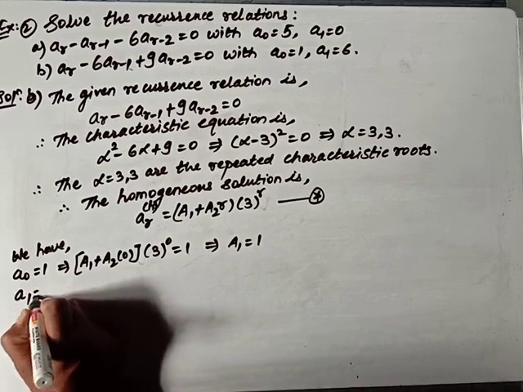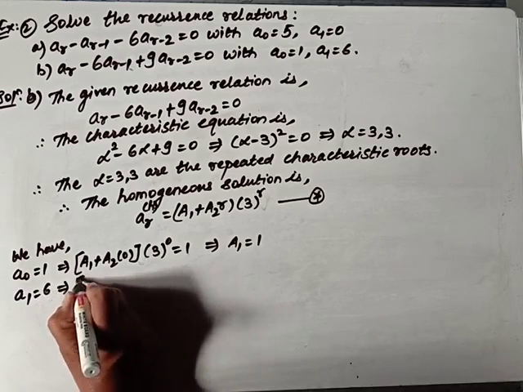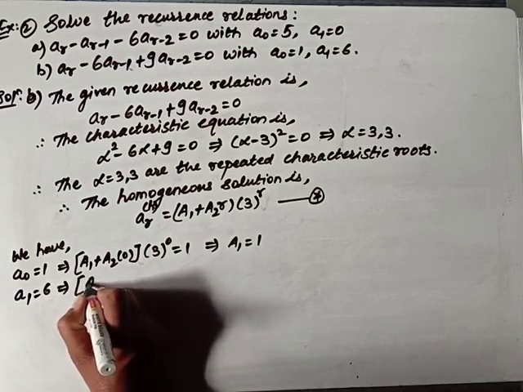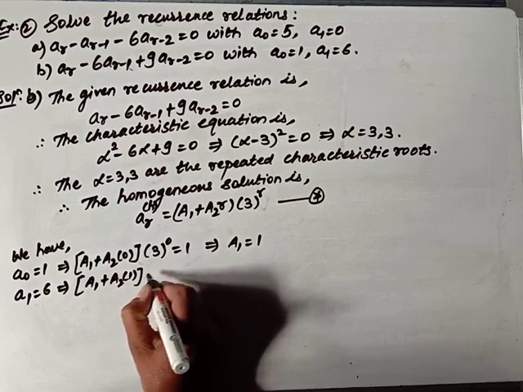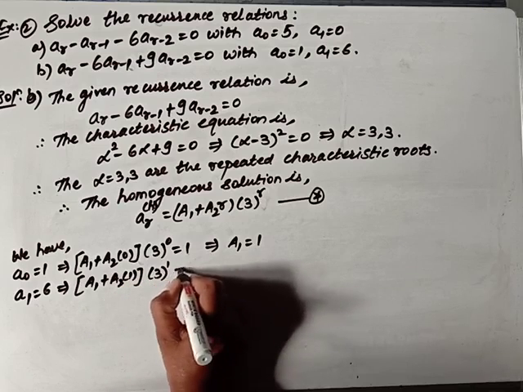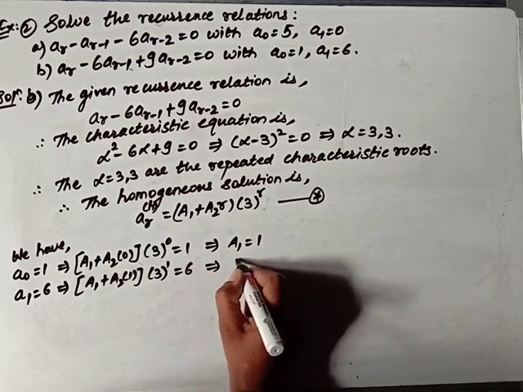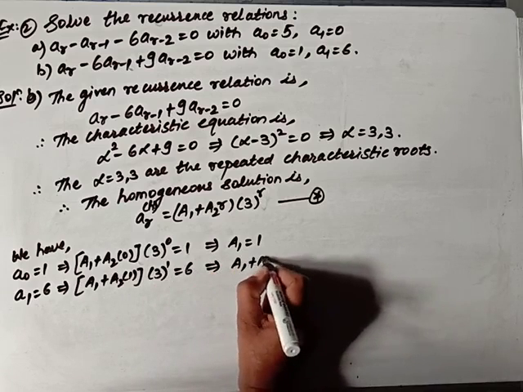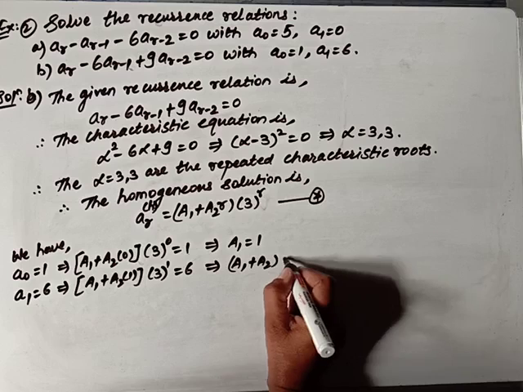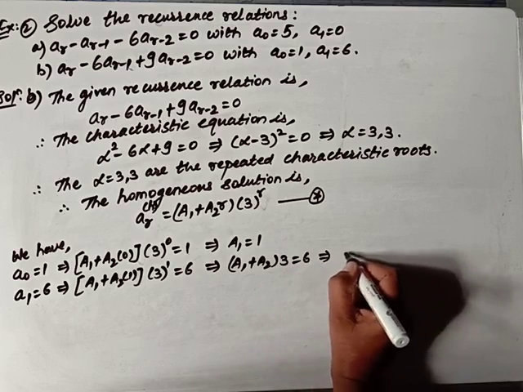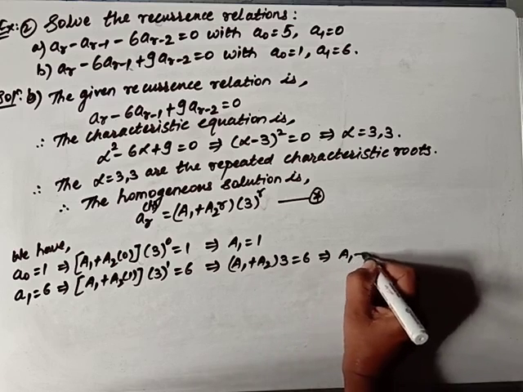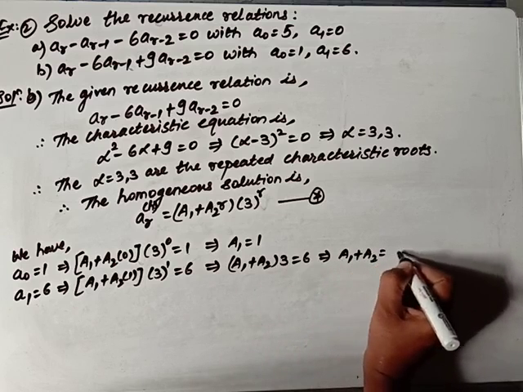And a1 equal to 6. So that gives A1 plus A2 into 1 into 3 raised to 1 is equal to 6. So we get A1 plus A2 into 3 equal to 6, that is A1 plus A2 is 2.